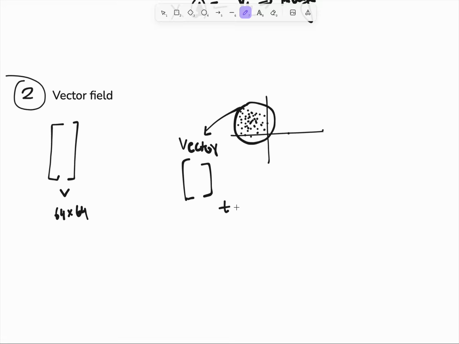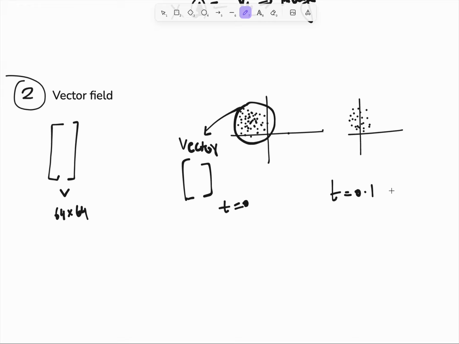This is at t equals 0, and say at t equals, suppose, 0.1, these points scatter like this. So they move to hopefully form our destination distribution.